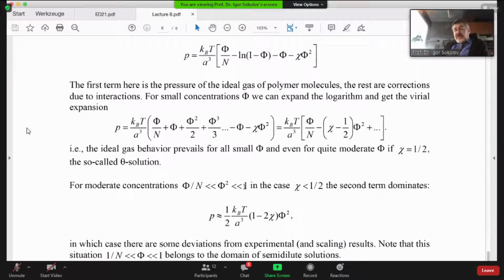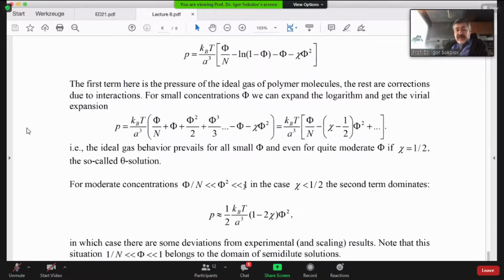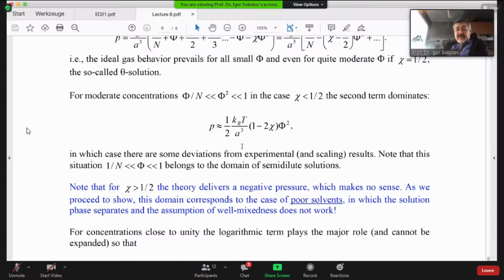We are not in the concentrated case. So then I have something like this, and my osmotic pressure is proportional to the square of the concentration of solved molecules. And this is essentially something corresponding to a semi-dilute case.